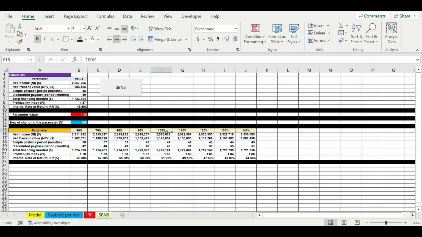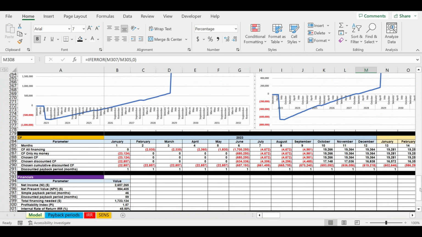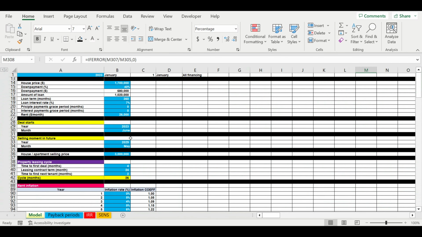This is the basic value, the current value of this parameter, and then we decrease this parameter and increase this parameter, and we can look at the financials of our business idea if the parameter is growing or the coefficient is growing or decreasing. So for example, we can add this parameter, so we can go up just for a second, just for an example.